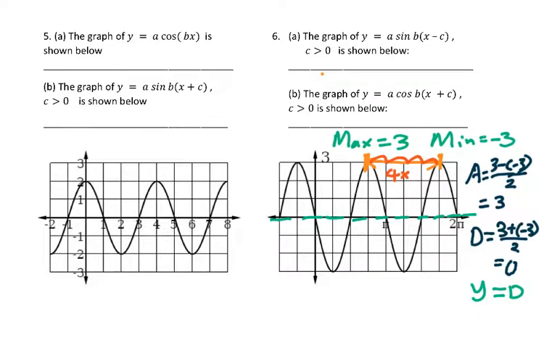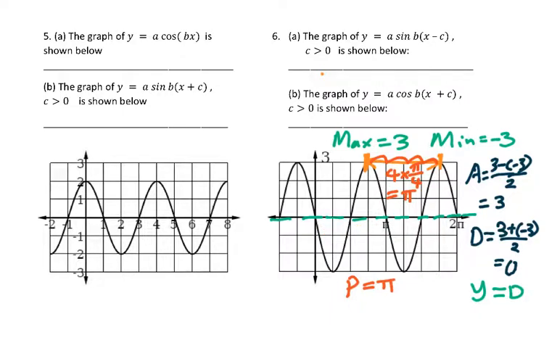Then between pi, we have 1, 2, 3, 4 units. Therefore, we use pi divided by 4. That's the unit of this graph. So we multiply by pi over 4. We got 4 pi over 4, that equals pi. So we figure out the period equals pi.